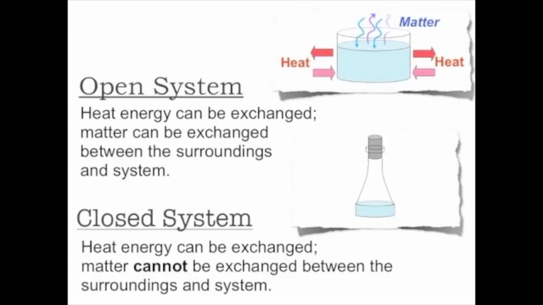Things can be put into the system and things can leave the system. On the other hand, as with this closed Erlenmeyer flask, which represents a closed system, heat can be exchanged between the system and its surroundings, but matter can't get into the system, and matter can't leave the system. And that's the difference between an open and closed system. The difference is whether matter can leave or enter.